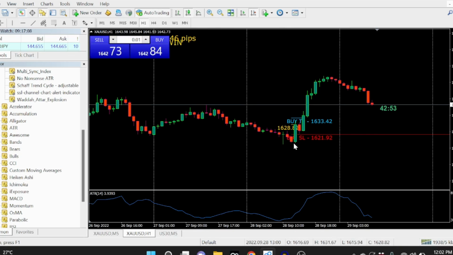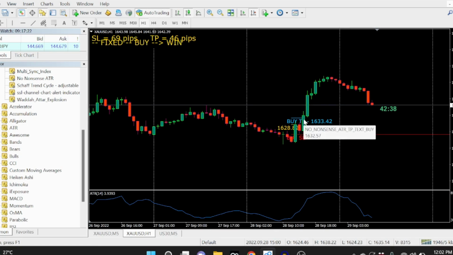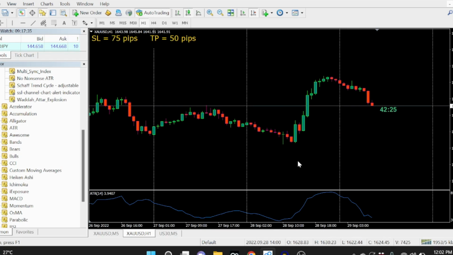Your TP is 46 pips and your stop loss is 69 pips, and if you place a trade here, you win the trade. When you win your half trade, you move your stop loss to break even and you ride the rest of the trade. This is the way we use stop loss and TP.